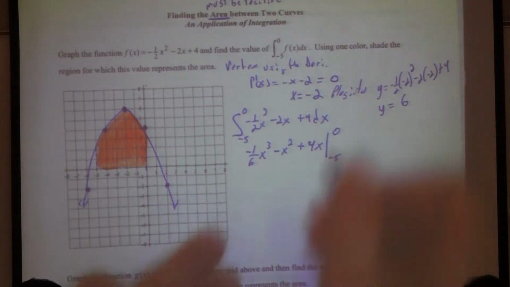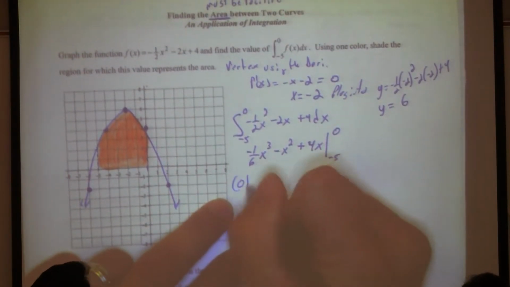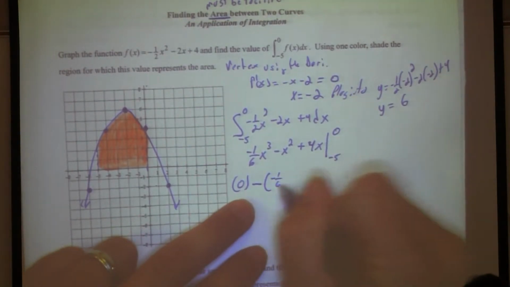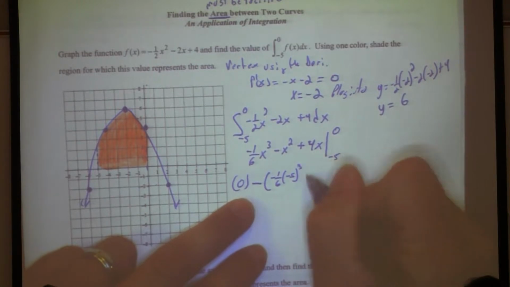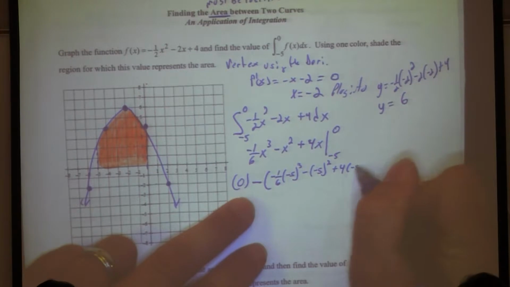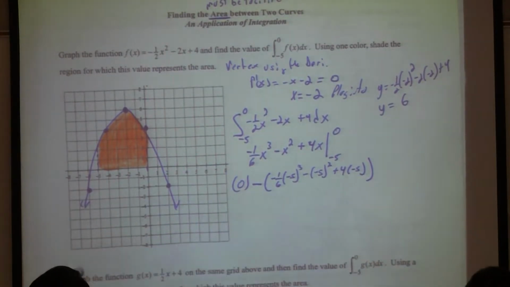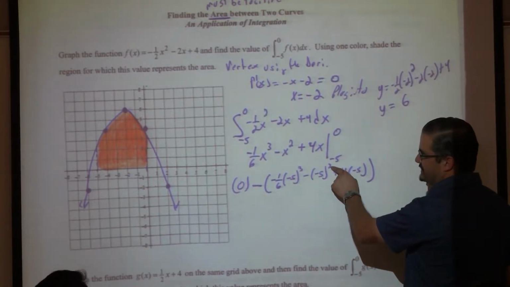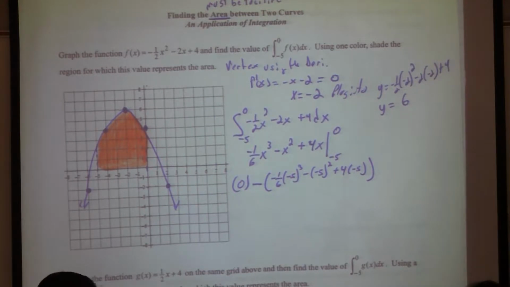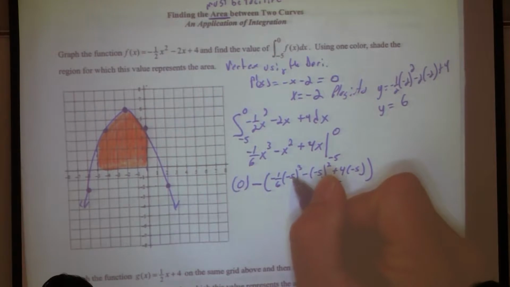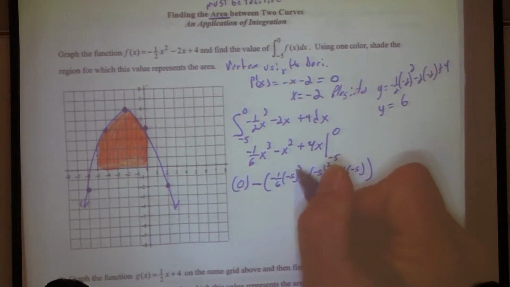So what do we get when we plug in 0? 0, right? Minus, let's plug in -5. -1 over 6 times -5 cubed minus -5 squared plus 4 times -5. See if we can do this by hand. So 4 times -5, that's -20, that's positive 25, it becomes -25. So -25, this is -125, right?